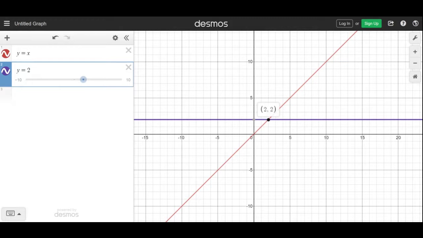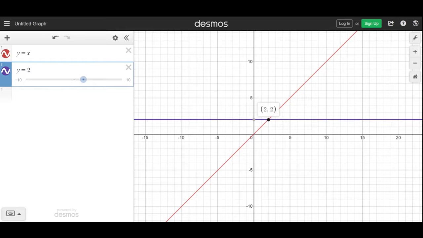Okay, so based on the definition, a function is one-to-one if every horizontal line intersects the graph of the function at most once. So only one. If you have more than one, then that is not one-to-one. And remember, as we continue with our presentation, if it is not one-to-one, there's no inverse.